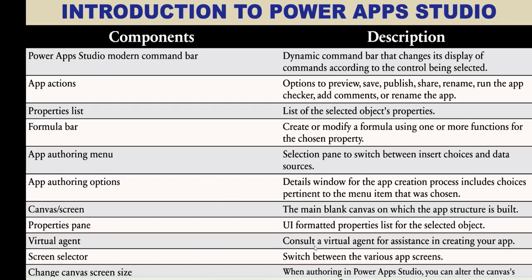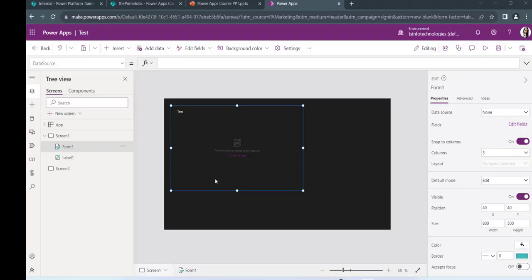Then the virtual agent. It is a virtual agent for assistance in creating your application. It is normally a chatbot, so you can get help to create an application by using this virtual agent. Let me show you in the application directly. In the left navigation menu, below the settings option, you can see the virtual agent.